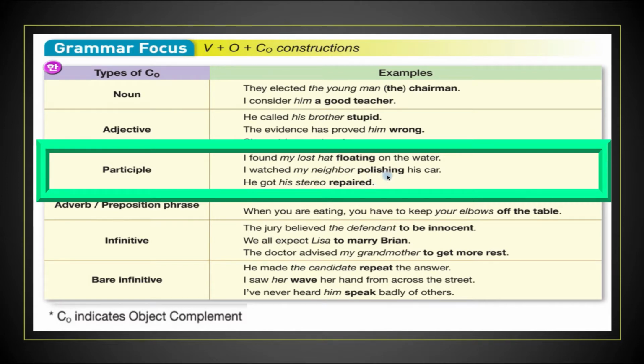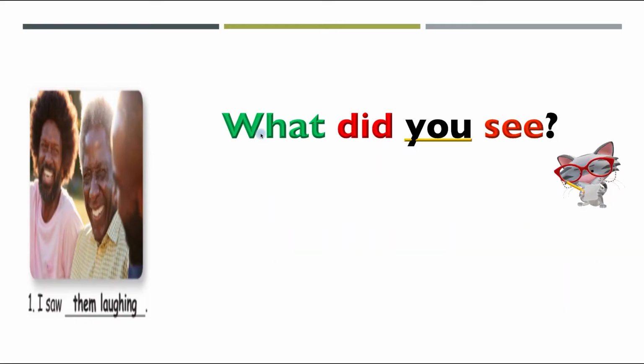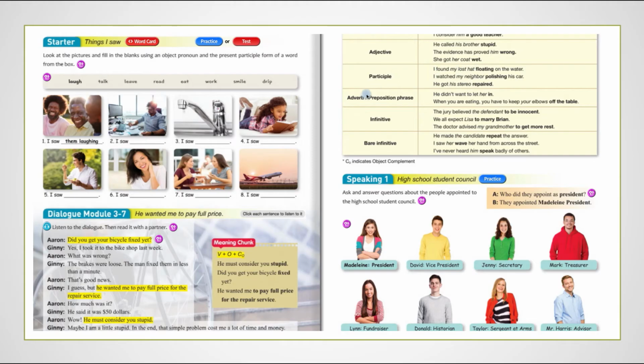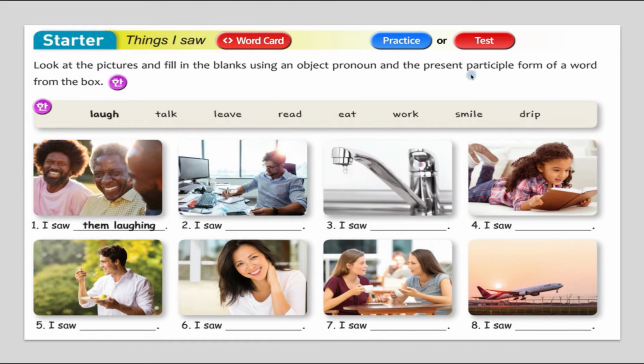Because in the third sentence, when he got his stereo, it was already repaired, complete. Yeah, so in I watched my neighbor polishing his car, the watching and the polishing were happening at the same time. I found my lost hat floating was happening at the same time. That's why it's called the present participle. Present participle, the ing.